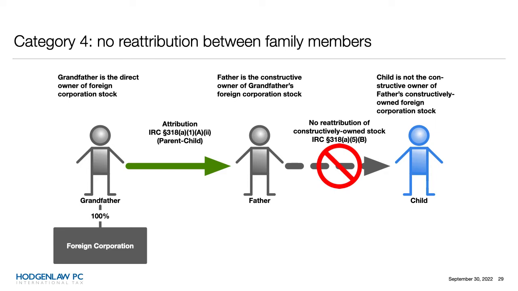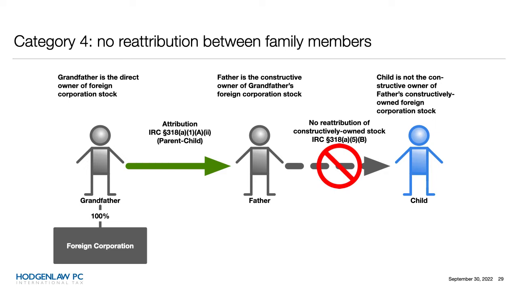So again, when I say reattribution, think of it like this. You've got directly owned stock, and you're going to bounce it by attribution to one person in the family. You do not bounce it a second time to another person in the family group for treating that second person as the constructive owner of the directly owned stock.